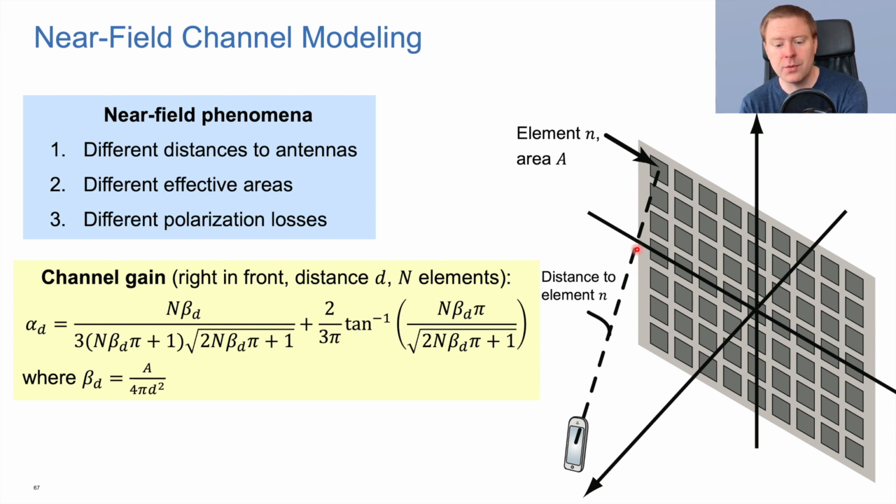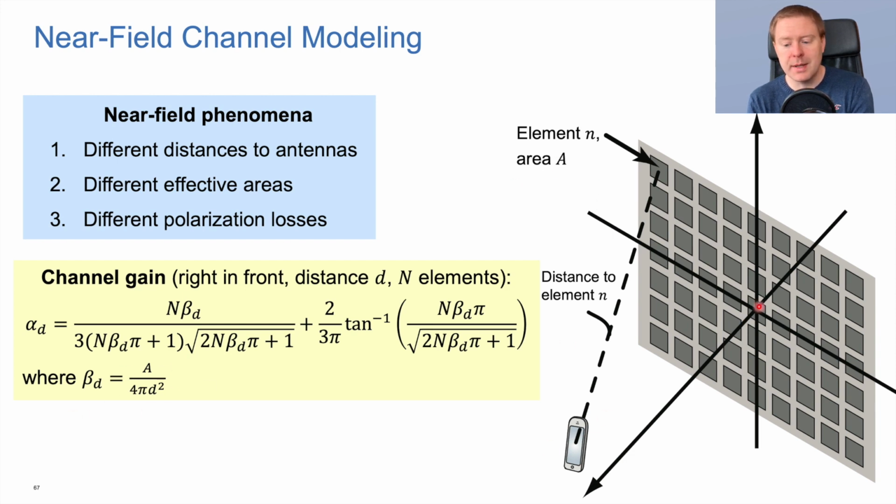So the path loss for the entire surface here is determined when you have a receiver, you have a transmitter transmitting to this array here. We would like to figure out what is the path loss, what fraction of its transmitted signal, if it has an isotropic antenna, is being received here. And if you have n elements, distance d to the center, then beta(d) would be A, the area of one element, divided by 4 pi d squared.